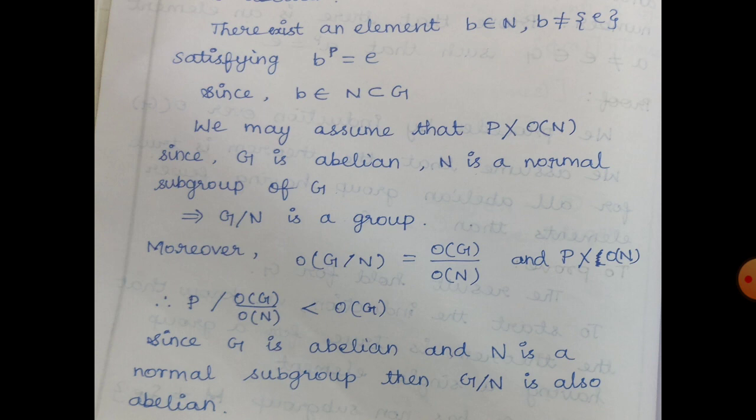Moreover, the order of G by N is the order of G divided by the order of N, and P does not divide the order of N, therefore P divides the order of G by N, which should be less than the order of G, because the order of G by N is equal to the order of G by the order of N. So P divides the order of G by N, which is strictly less than the order of G. Since G is abelian and N is a normal subgroup, G by N is also abelian.